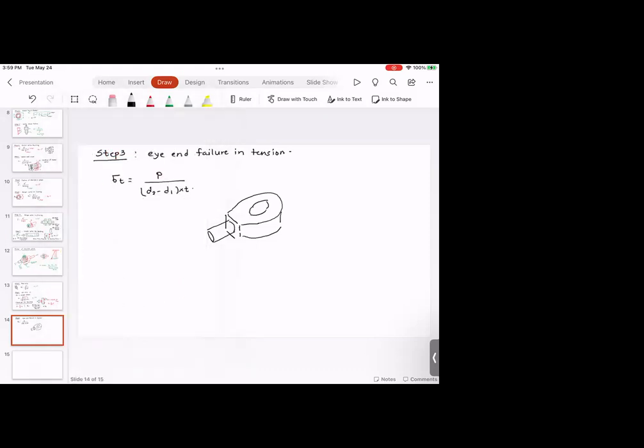I want you to think about failure here. What's going to happen is you will have a failure, which is something like this.